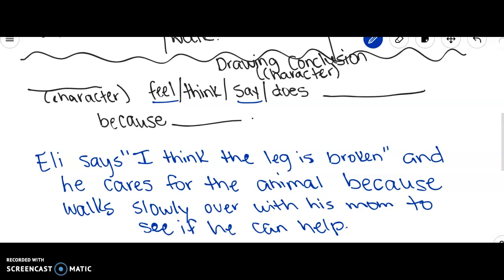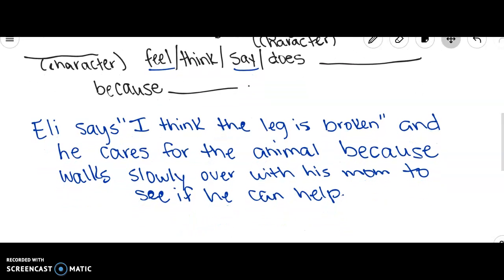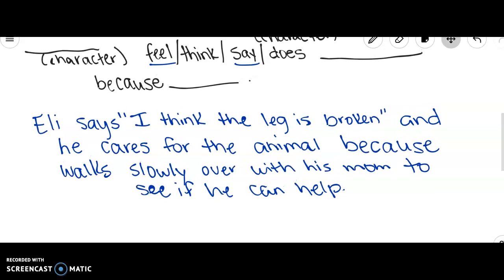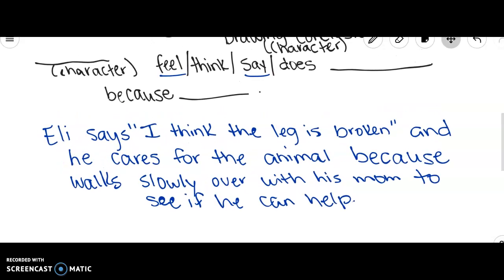So let's talk about another conclusion that we can make. In the text, it talks about Eli's mom frowning when she goes over to see the animal. So what conclusion could we make about someone who is frowning? Well, we're going to use the same sentence stem, and we can fill in the blanks here.